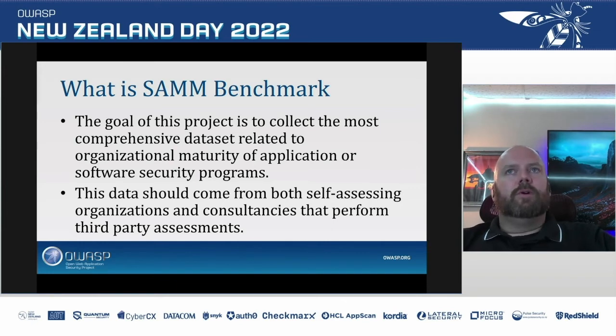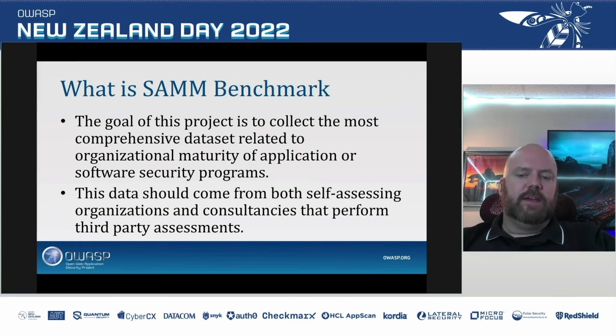We intend to mark that data so that when you want to compare yourself, you can choose to only compare yourself against third-party assessments, or you can say, hey, I want the whole data set that's both self-assessed and third-party.